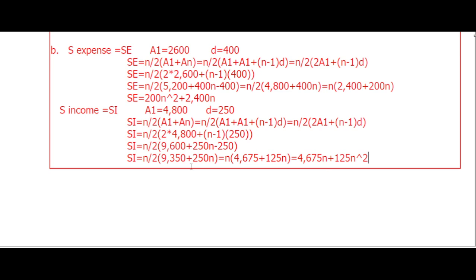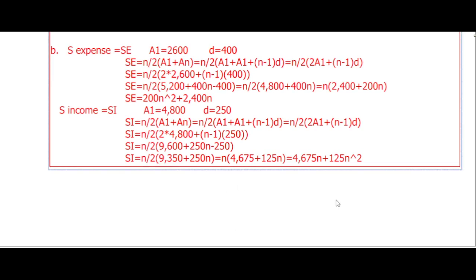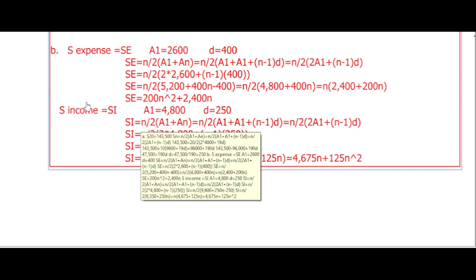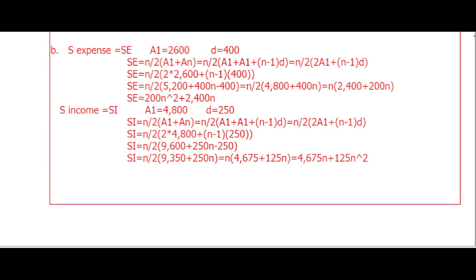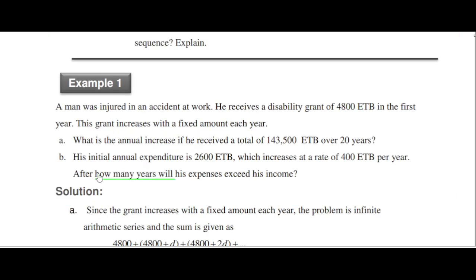Now here this is the S income value, and S expenses we have here. Now let's join these two. What we need to find here: after how many years will his expenses exceed his income?